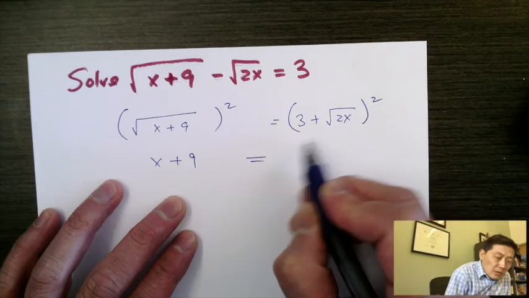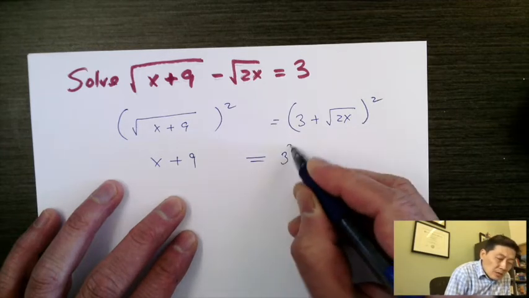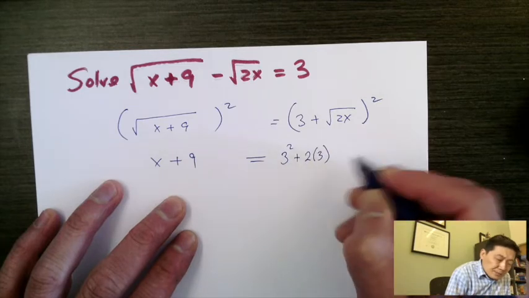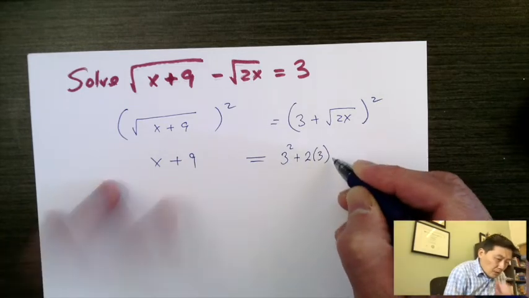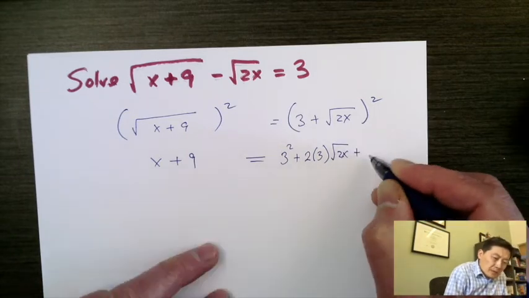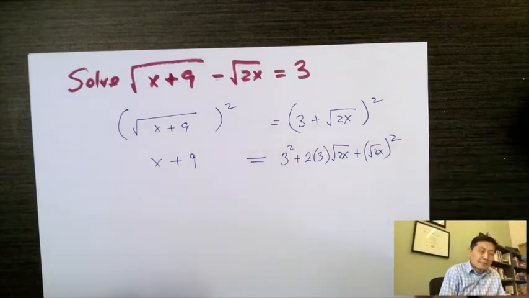So that means a squared, where a is 3, so 3 squared, plus 2 times 3 times square root of 2x, plus square root of 2x squared.